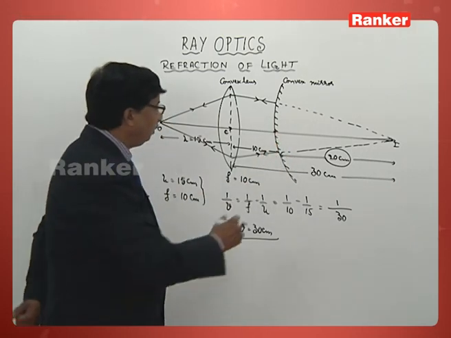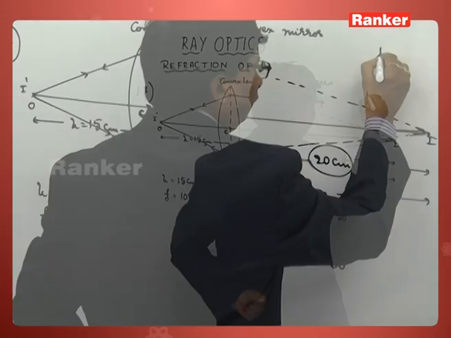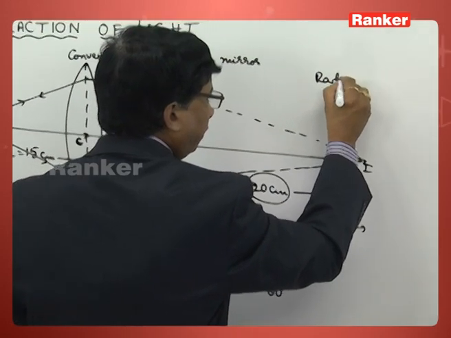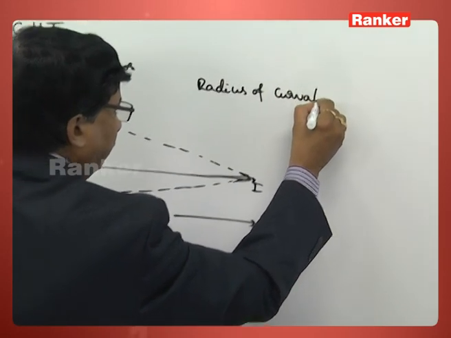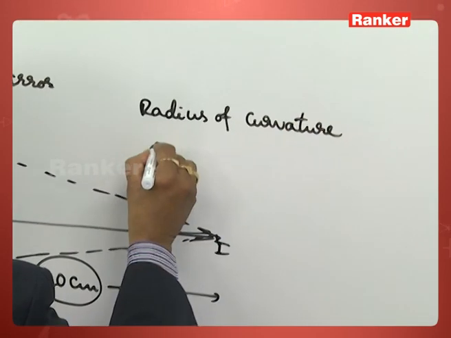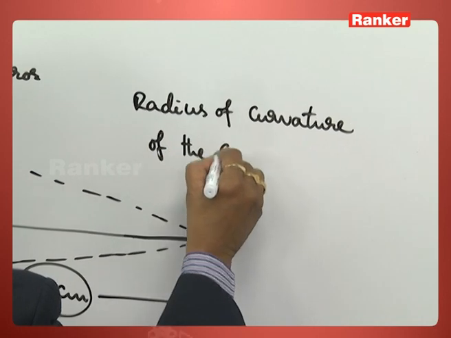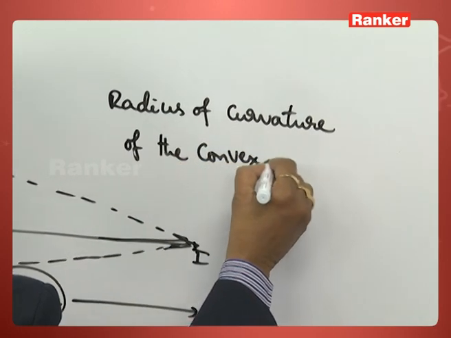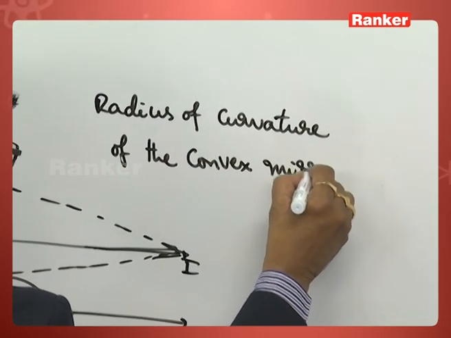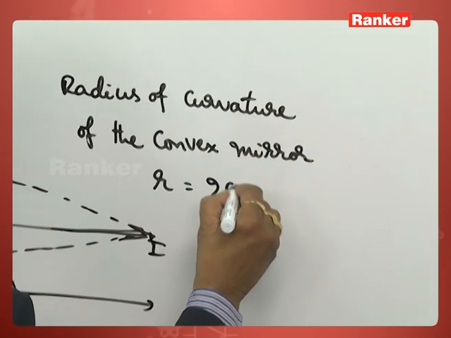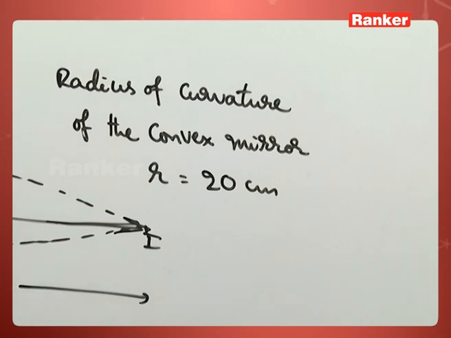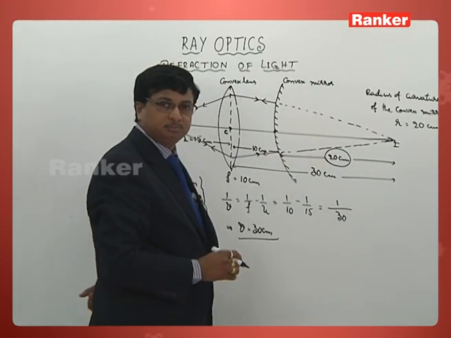So according to the calculation, radius of curvature of the convex mirror, if I take that one as R, that must be 20 centimeter according to the calculation what we have made.